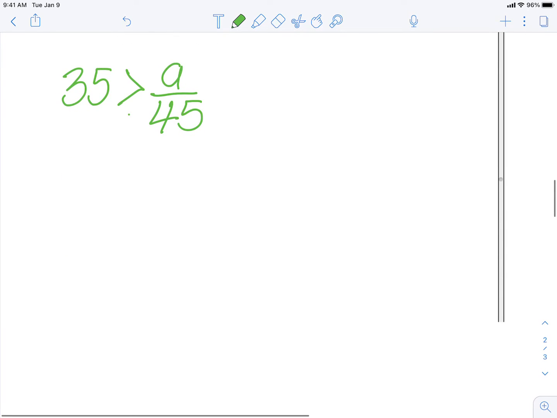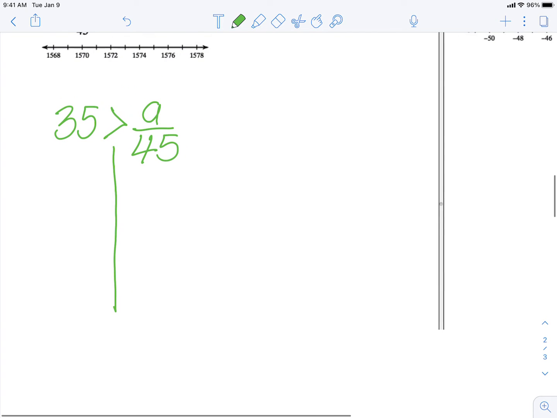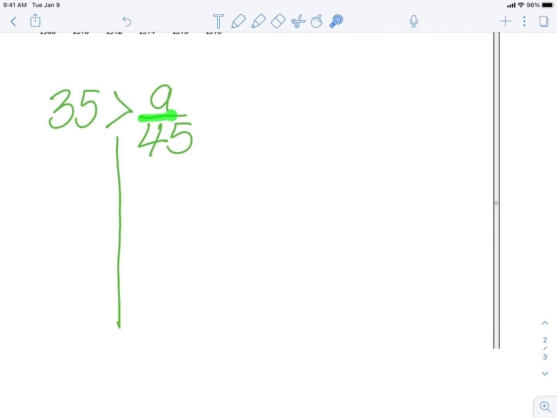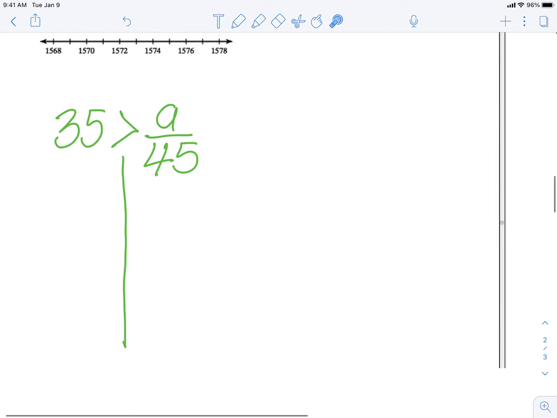Okay, I'm going to draw my line of separation. I'm not going to draw my arrow quite yet because I want to make sure that I'm not multiplying by a negative or dividing by a negative. So if I'm dividing here, when 45 goes over, it's going to multiply, right? So I'm going to cross out 45 and I'm going to multiply on this side by 45, right?